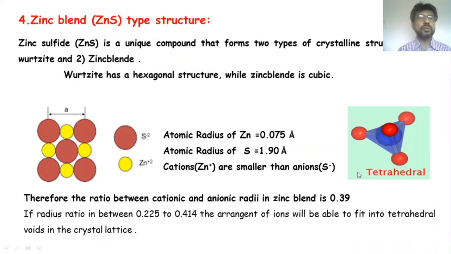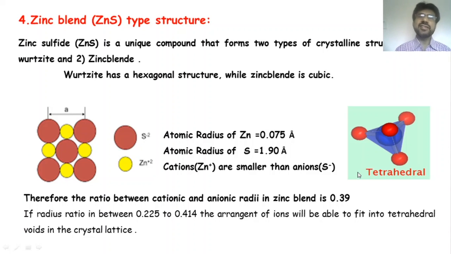Now students, we are going to see the next type of material, and that is the zinc blende, also known as zinc sulfide. Now zinc sulfide is a unique compound that forms two types of crystalline structure.